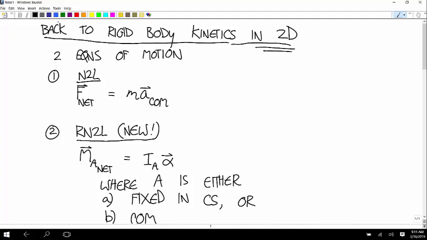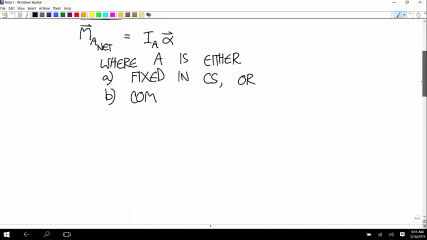With rigid body kinetics, it's a little surprising to find out that it's fundamentally different. You can't approach it the same way, and I'll explain why when that comes up. But the way we're approaching this only works for 2D. What about 1D? There's no such thing as rigid bodies in 1D because you need extra dimensions for there to be sizes, for there to be orientation changes.